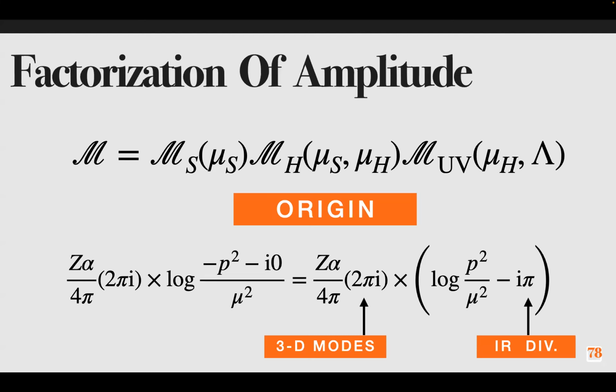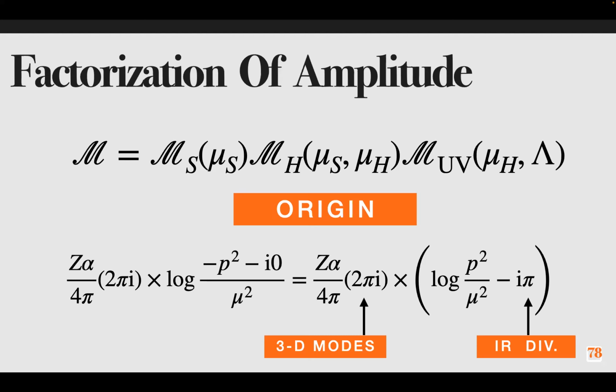But basically, if you look at a 3D Euclidean loop integral, the factors of pi are different than a 4D integral. So that's where one factor of pi comes from. But the other factor of pi comes from an IR divergence. Indeed, it's coming from a log, basically.